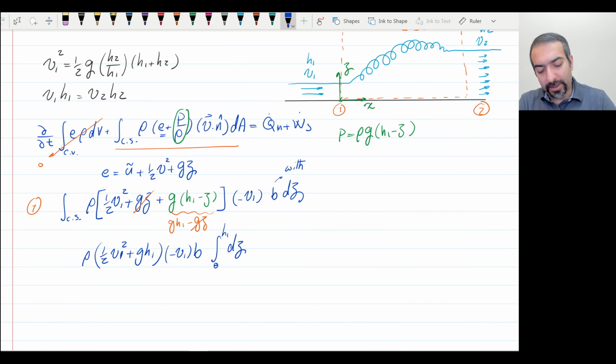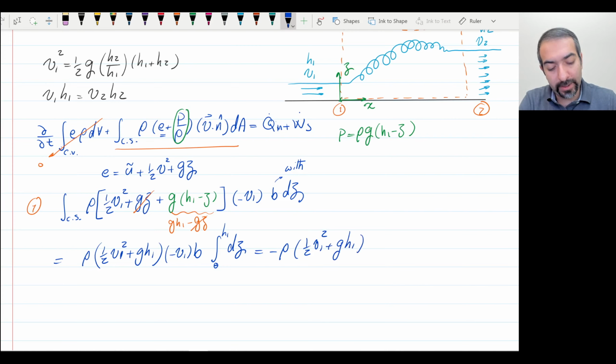So this integral is going to be equal to minus rho (1/2 V1 squared plus gH1) V1 B H1.